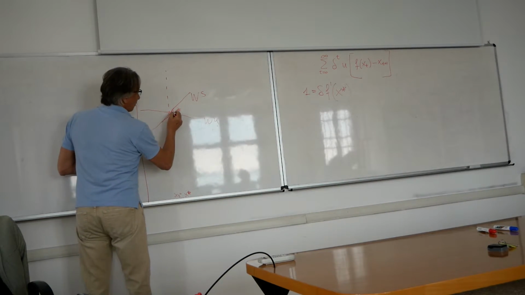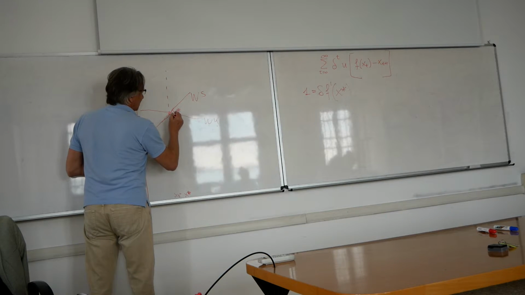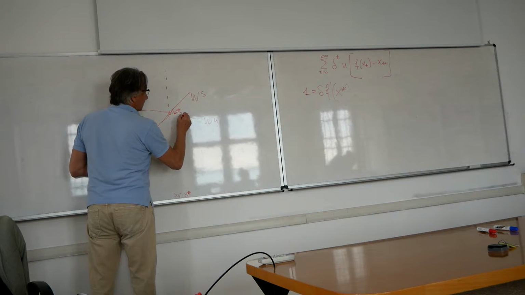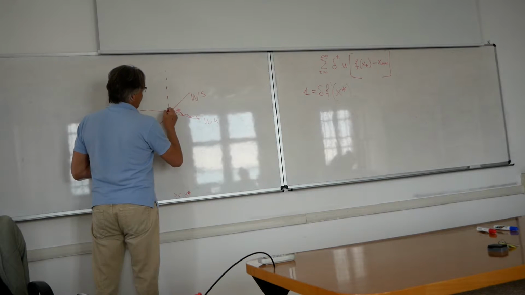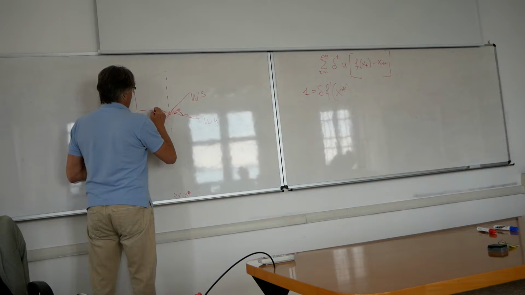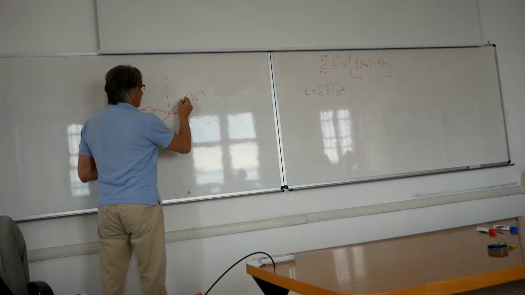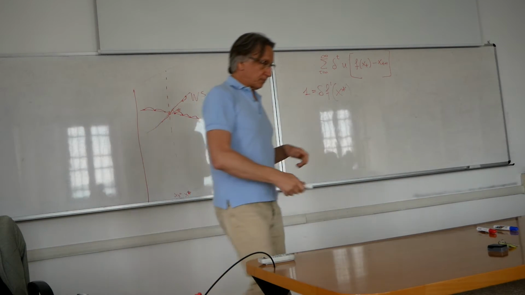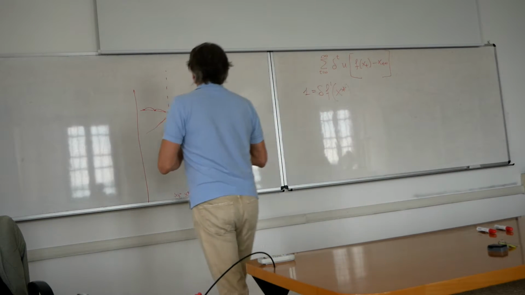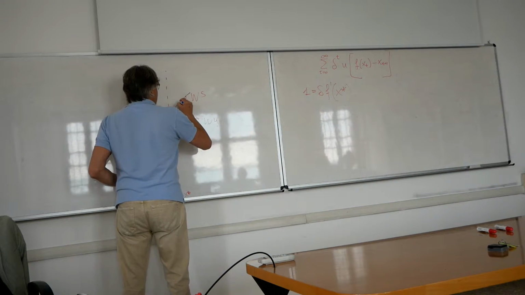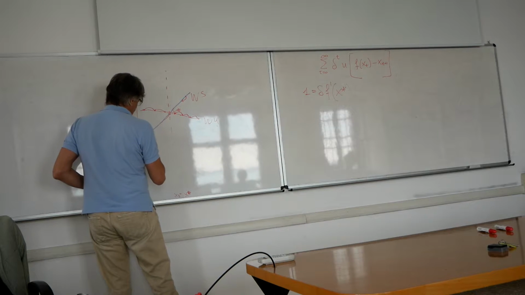What it means is that points starting on the unstable manifold move away, tend to go away. Points instead starting on the stable manifold, let's do it in blue, come back in. Right?